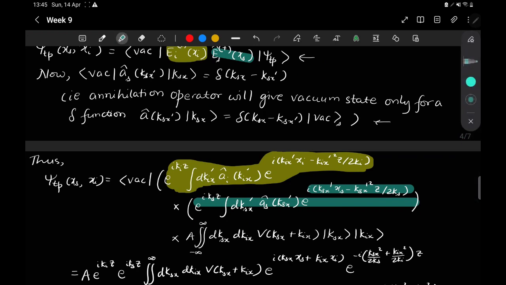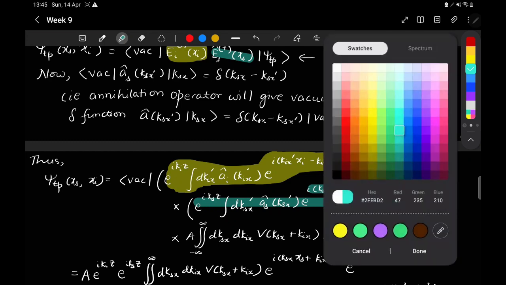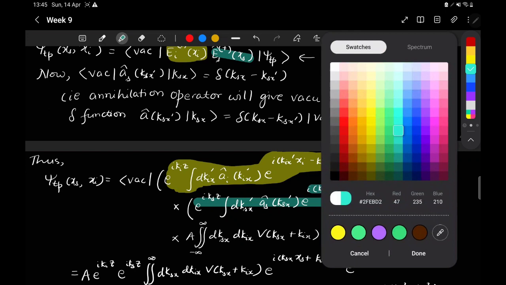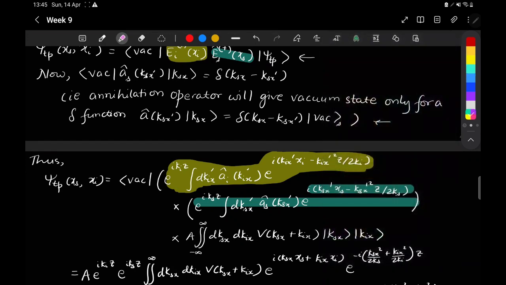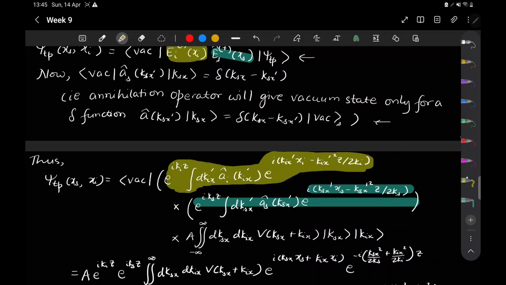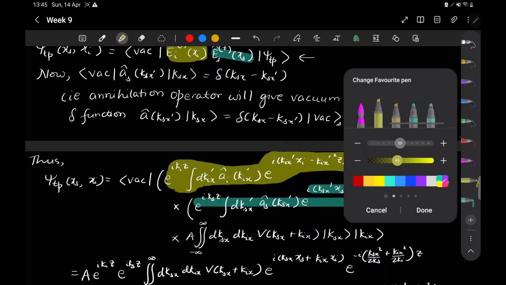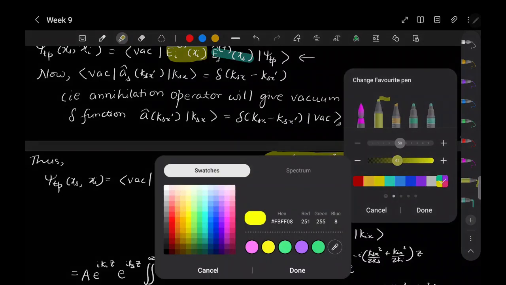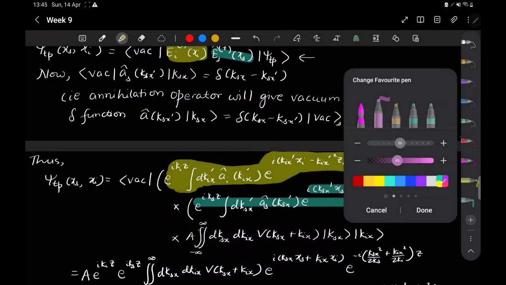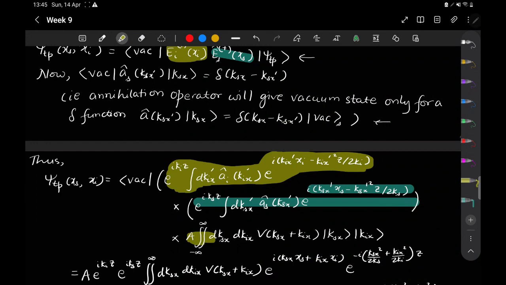Let me see if I have a different color. Let me try this color, maybe.